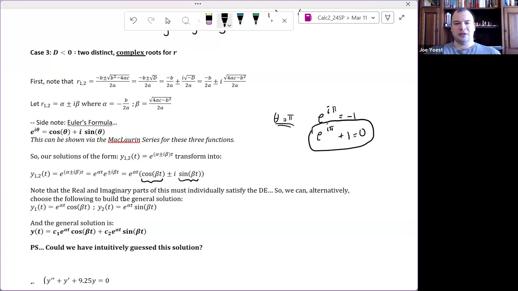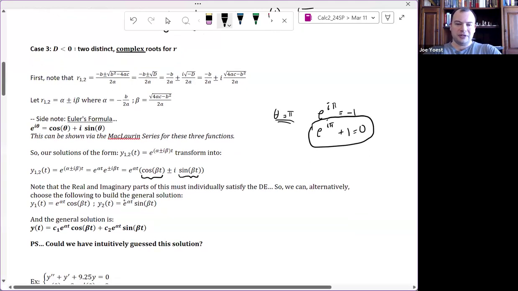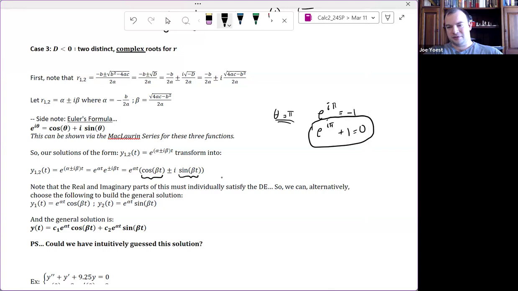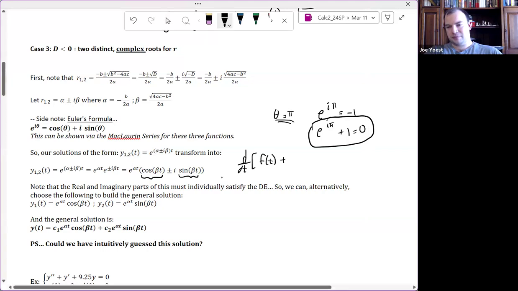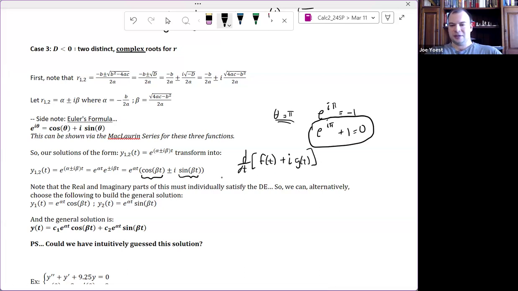So, derivatives of functions that are complex valued like this: the derivative of f of t plus i g of t is just f prime of t plus i g prime of t.